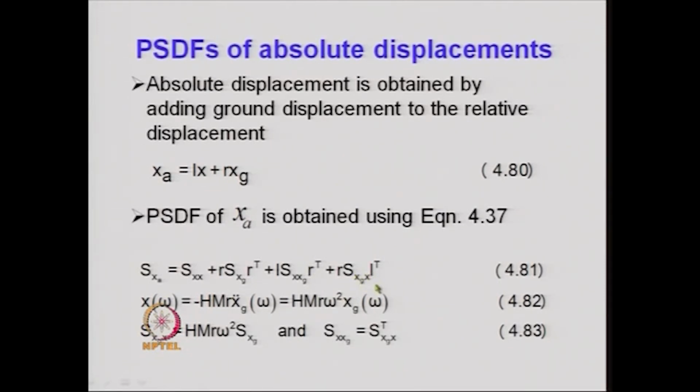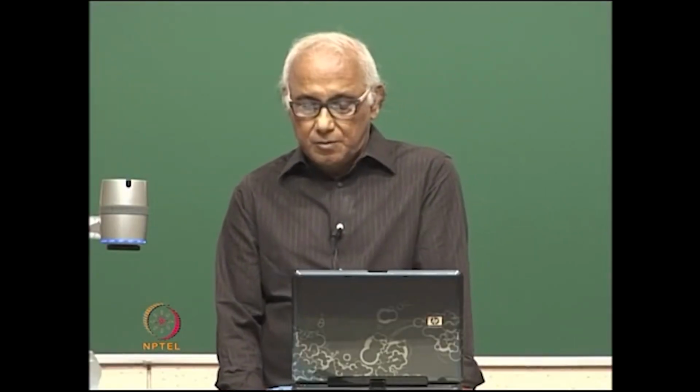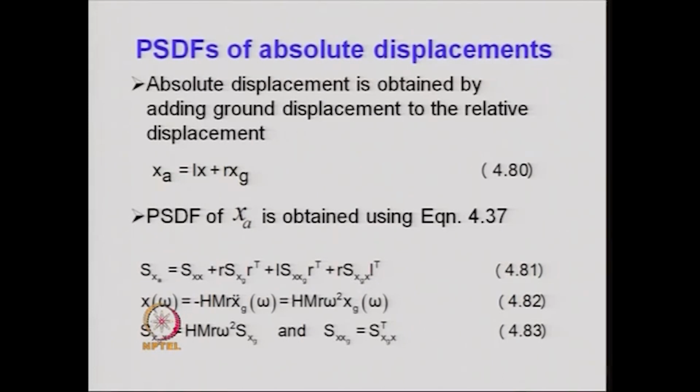Now, what is not known to us? Sxx is known to us from the dynamic analysis of the system. Sxg is also known because we know the power spectral density function matrix of the ground acceleration, and from that one can find out the power spectral density function of the displacement.